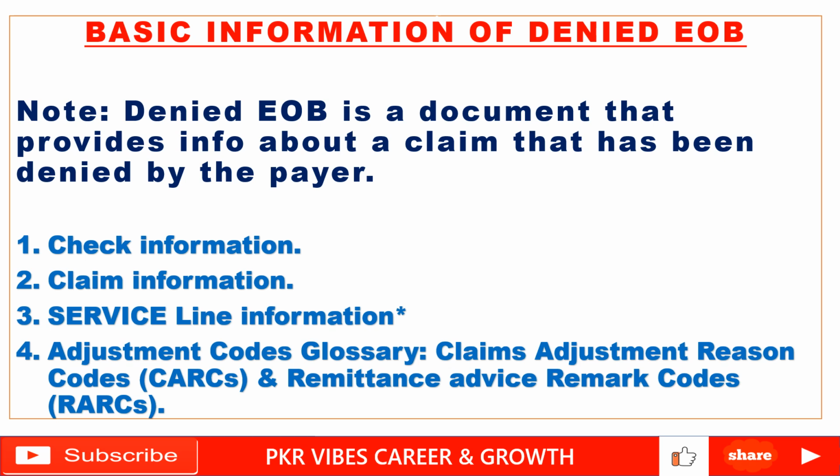The third point I gave is service line information: whatever service is given by the doctor to the patient, that kind of procedure details we will have under a denied EOB. And also we will see adjustment codes information, nothing but claim adjustment reason codes and remittance advice remark codes. So the denial code as well as the remark code we will see on denied EOBs.